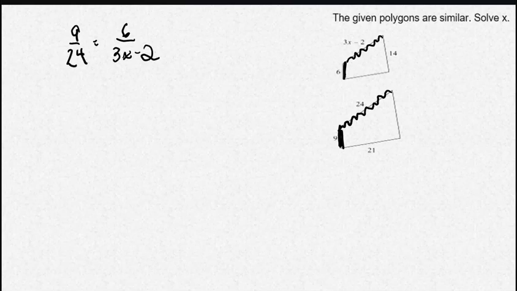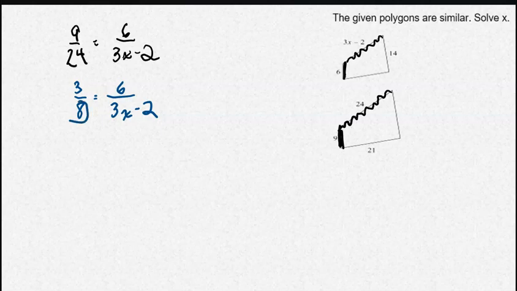The 9 over 24 will reduce to 3 over 8, which is a whole lot friendlier than 9 over 24. I really can't reduce this 3x minus 2 with that 6 over it, because not every term is divisible by the same thing. So we're just going to keep that there. But it's still an improvement from what it was.